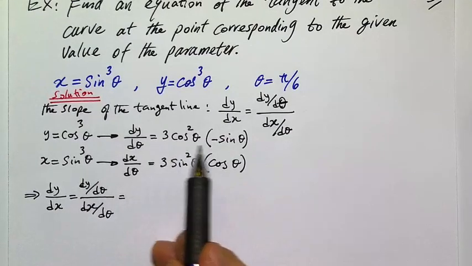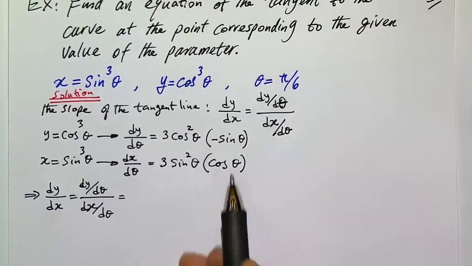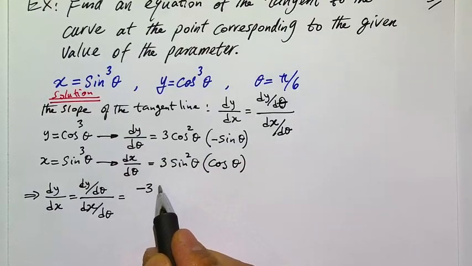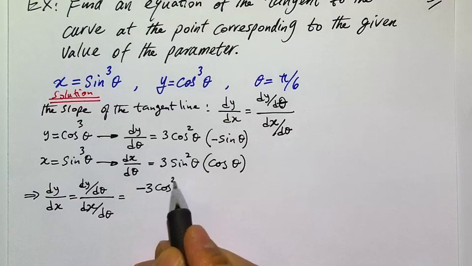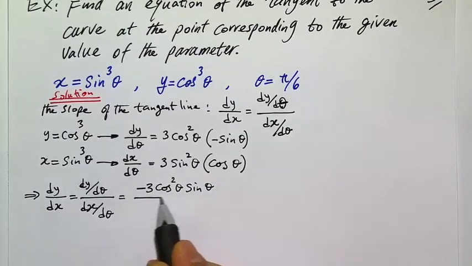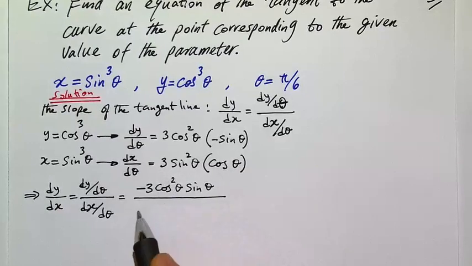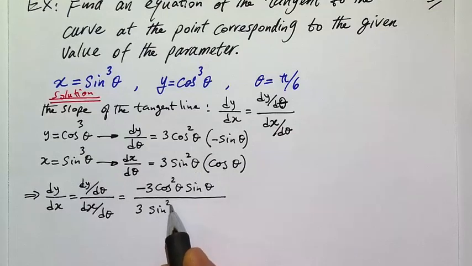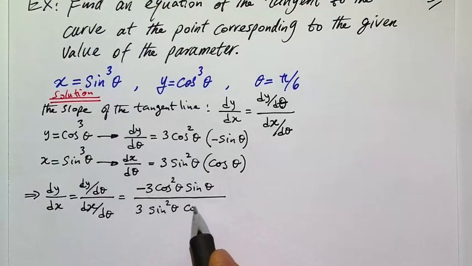And then take this divided by that. I'm going to put the minus in front, minus 3 cosine squared theta sine theta divided by 3 sine squared theta cosine theta, right?